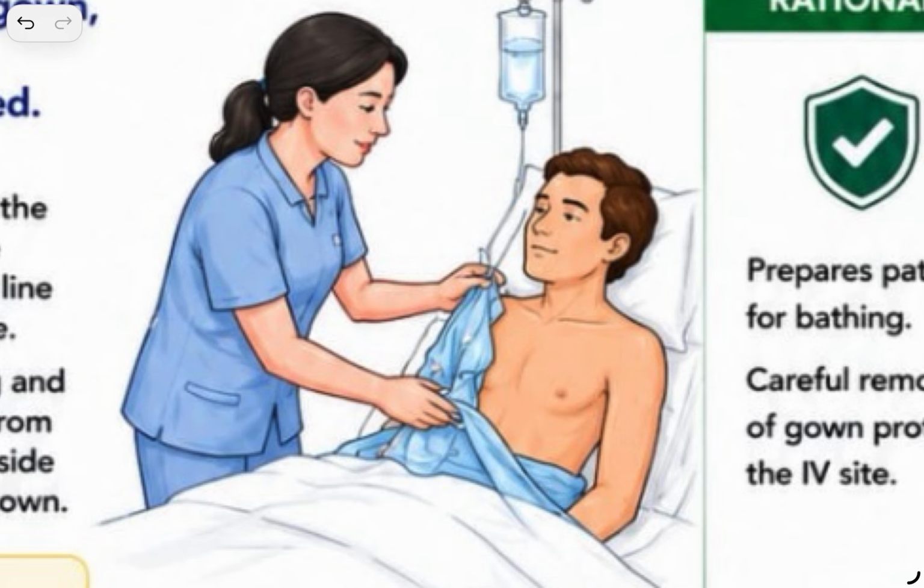And how to remove that? You need to lift this IV bottle, take it off from the stand, and pass it through the sleeves of the gown, taking it from the outer aspect to the inner aspect of the gown. Are you understanding? Suppose this is the gown.